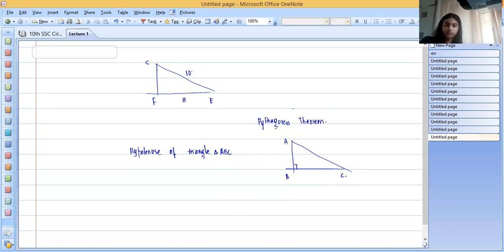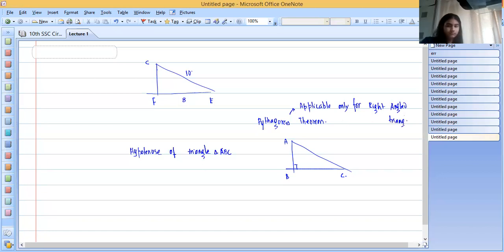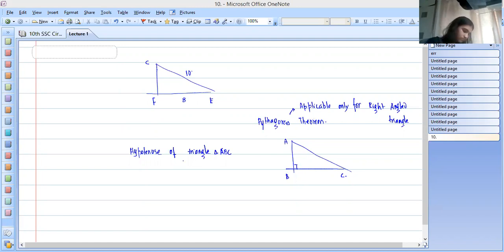So first of all, we have to understand that Pythagoras theorem is applicable only for right angled triangle. It is not applicable for any other triangle. So for a right angle triangle, hypotenuse is the side opposite to 90.